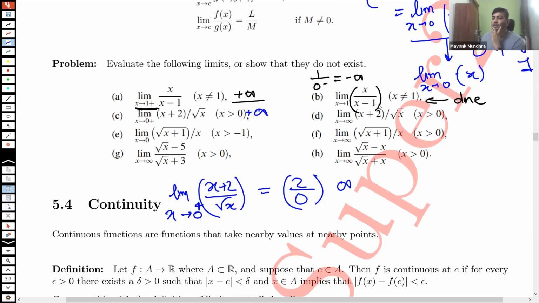The next up, they are asking you the same thing for x tending to infinity. So this is going to be interesting. So x tending to infinity. Vijay, have you done this one? Vijay, are you with us? Hello, Vijay. Okay, Vinay.